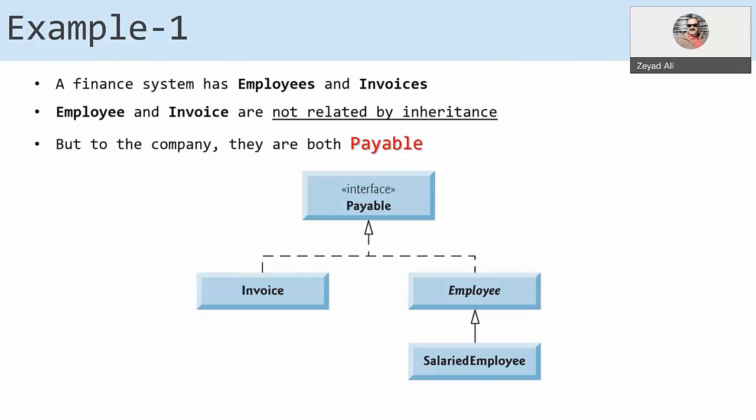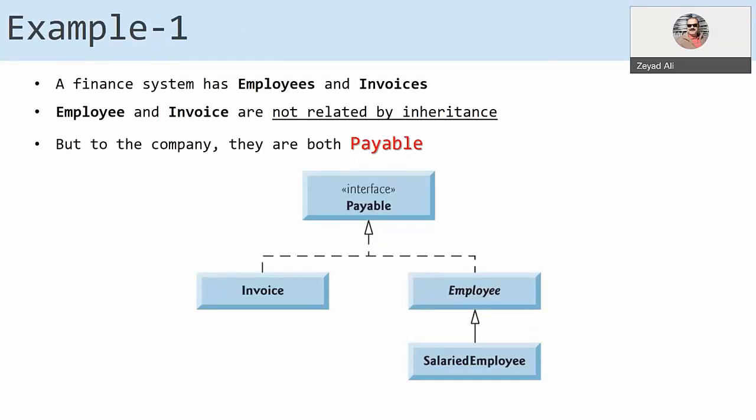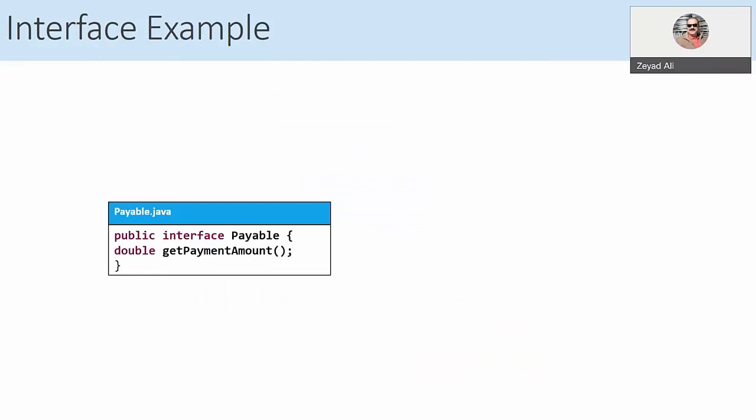This is the second difference. First difference, in interfaces, all the methods are abstract. In abstract classes, no. Interfaces are usually used by classes that have no inheritance relationship. Abstract classes usually do. This is an example. Look at this, guys.